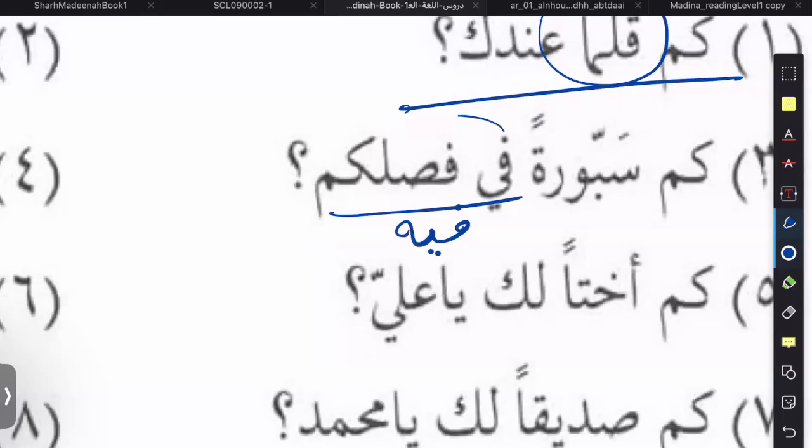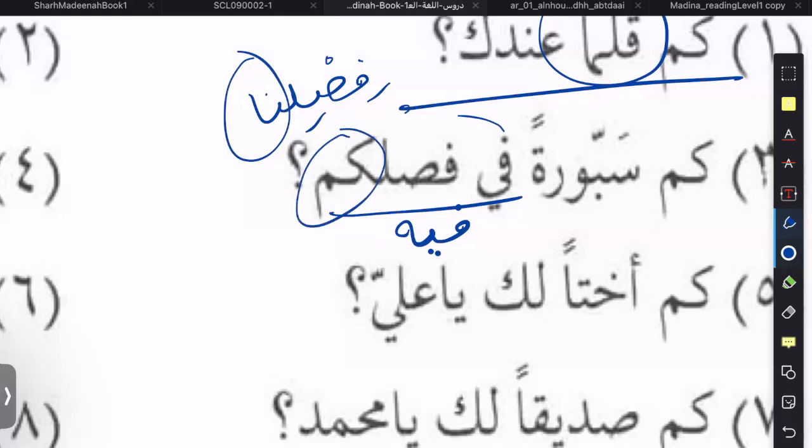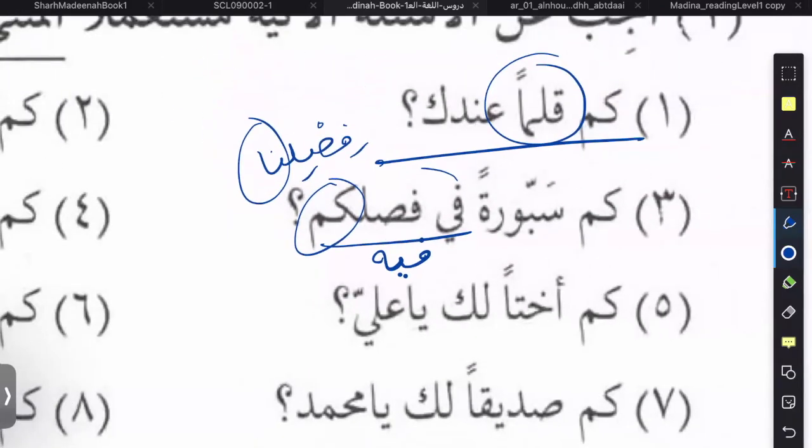Okay, so that would work, I suppose. But if you wanted to say in our class, you would say في فصلنا. Okay, so you use these attached pronouns. This kum is for plural you, and na is for plural we. So fihi, you will say saburatani.